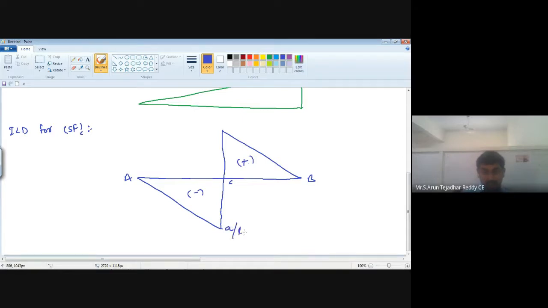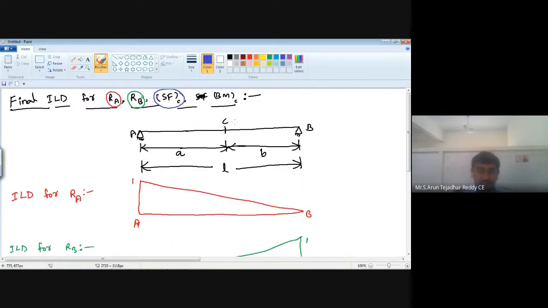Here it is A by L and here it is B by L. Okay. This is ILD for shear force at C.